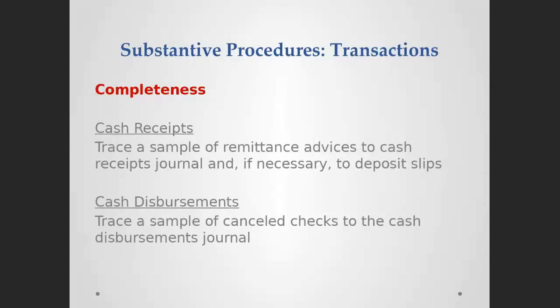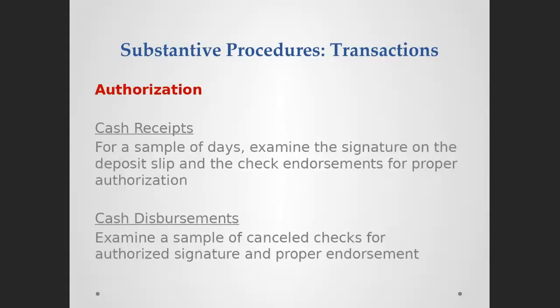So you want to make sure that the signature is there in the deposit slip, and then you also want to make sure that there is endorsement for proper authorization in the check. Now, when a check is received from the customer, the customer signs at the front of the check, which is the authorized signature.